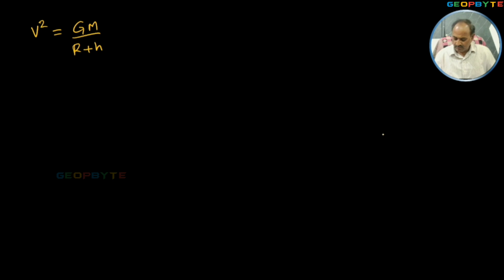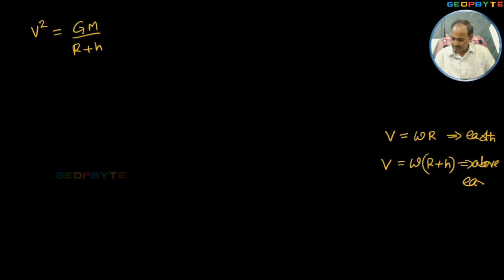But as you know, the linear velocity v equals omega into r on earth surface, and above the earth surface it is omega into r plus h. So v equals omega, equal to 2 pi by T, into r plus h.